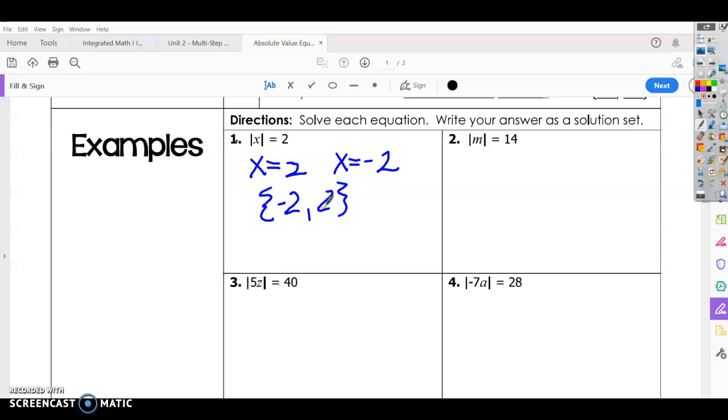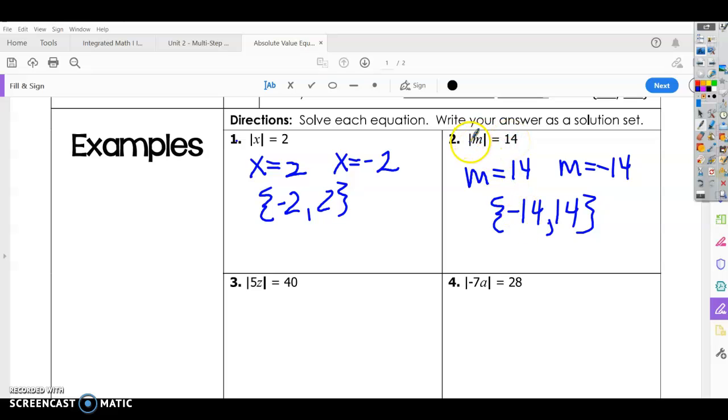All right, number 2 is just as simple. So I'm going to write m equals the positive of this, and m equals the negative of that. And again, I'm going to write this as a solution set. And that means those 2 numbers, when plugged in, will give me 14.